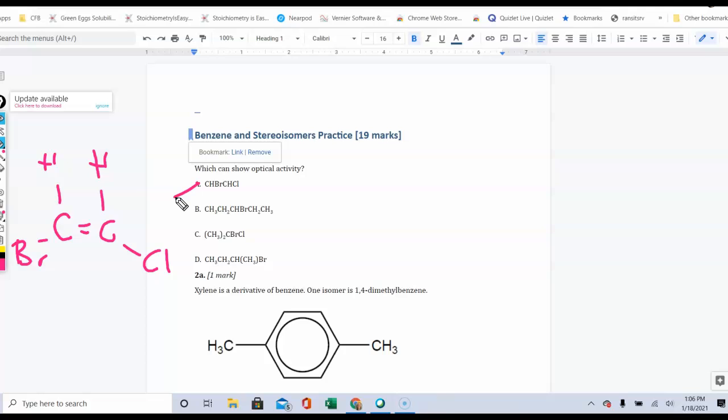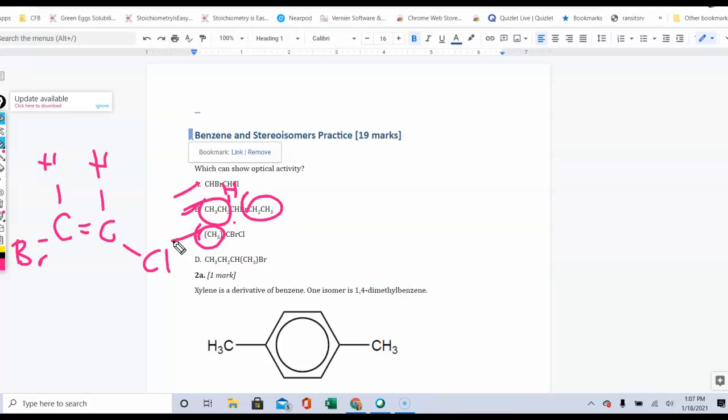B, I've got a CH, Br, and then my H is going to be up here, and my Br is going to be down here. And that means I'm going to have these 2 things on either side. So let me get rid of all that mess. And that one is not going to be ours because basically this CH3CH2 and this CH2CH3 are the same thing. So B's out. Then the next thing I have is C, Br, Cl, and then 2 CH3s. And the fact that I have 2 CH3s attached to that C means nope, that one's done.